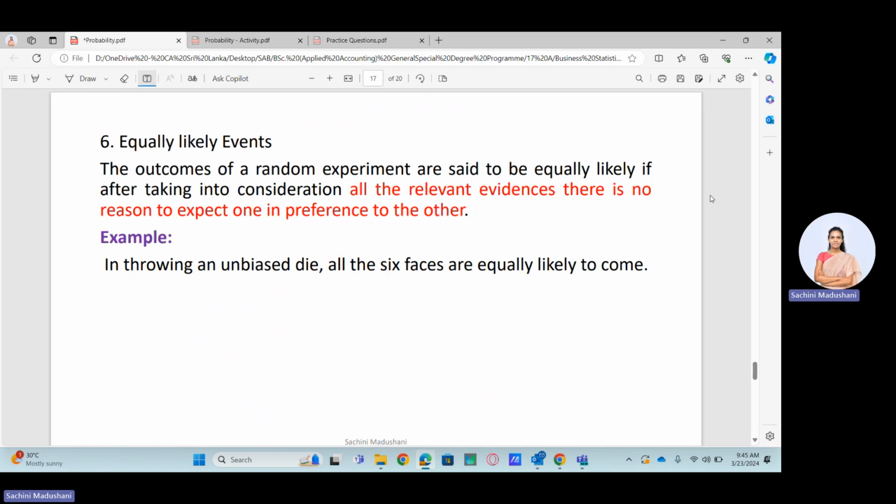What is the probability of getting number 1? 1/6. Getting a number 2? 1/6. Getting a number 3? 1/6. Then each number has probability 1/6. We call these equally likely events. Understood? Okay.